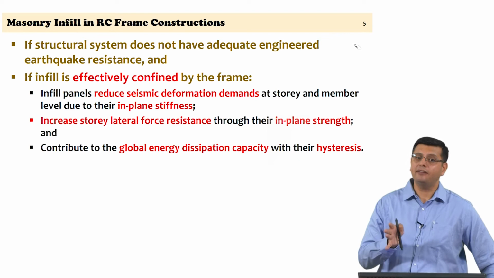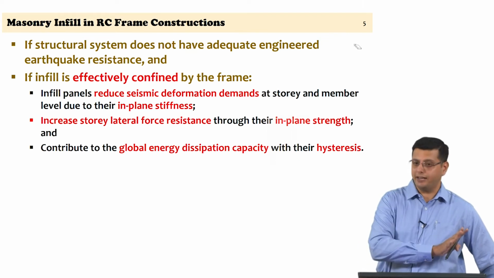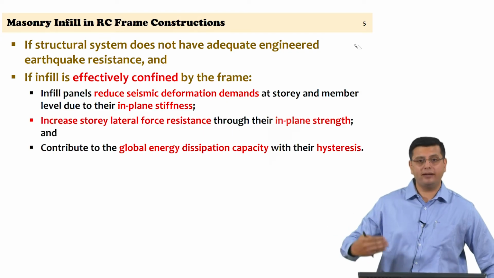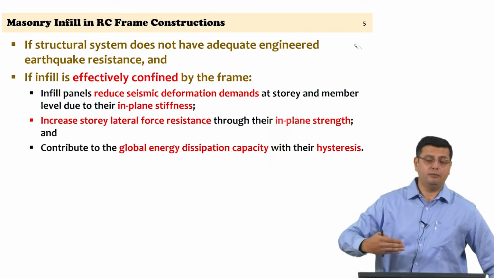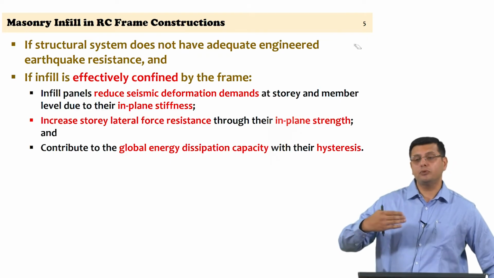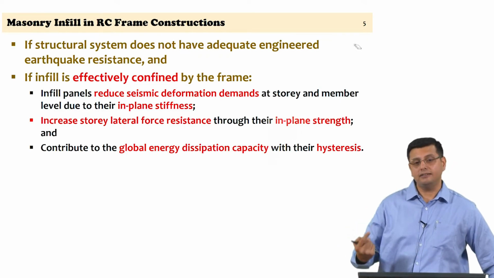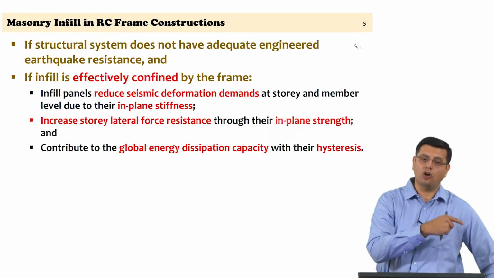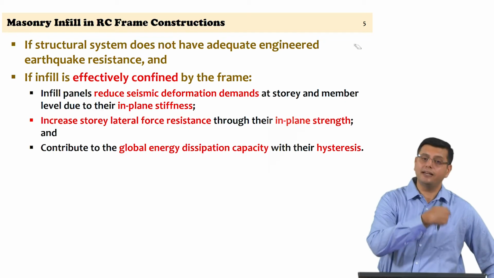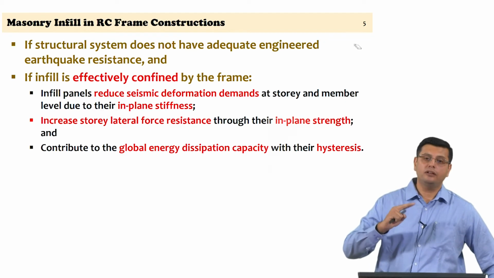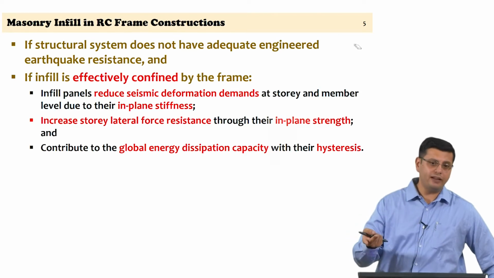However, if you have a frame which is not designed adequately for earthquake effects, and if you have a panel which is super strong, a panel which is built using strong units, then damage will be limited in the panel and there will be an effect because of the interaction on the frame, and the inadequately designed frame can fail. So, this is where I was talking about the interaction can lead to a favorable effect or an unfavorable effect.